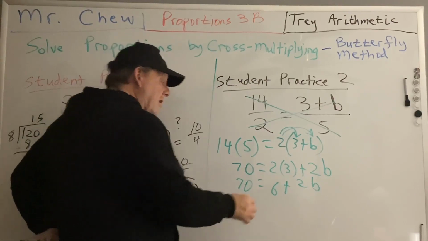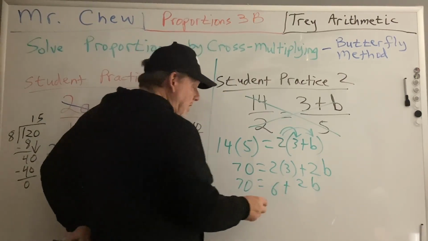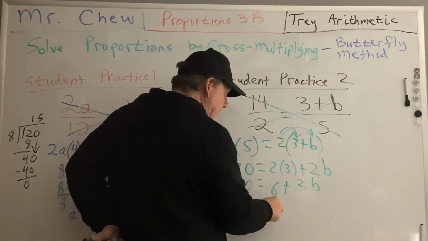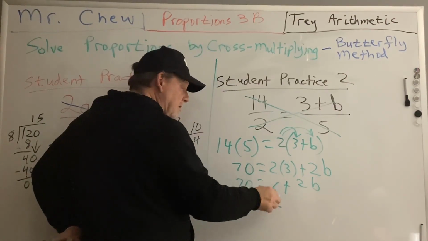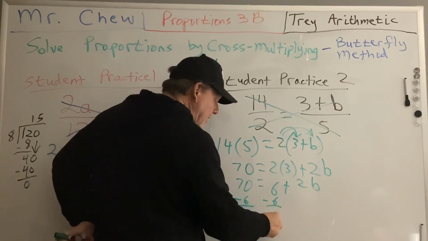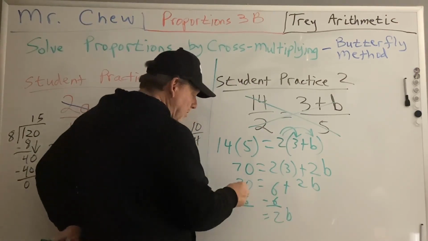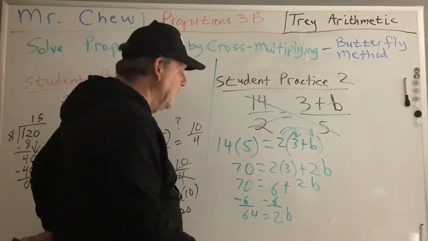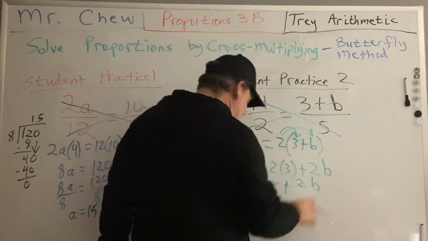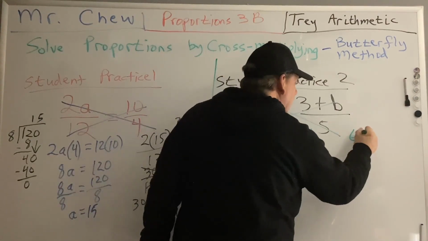All right, so now I've got to undo the plus 6. I do that by the inverse operation, which is subtract 6. 6 minus 6 is 0, and 0 plus 2b is 2b. 70 minus 6 is 64. Now, again, I'm starting to run out of room, so I'm just going to rewrite this over here.